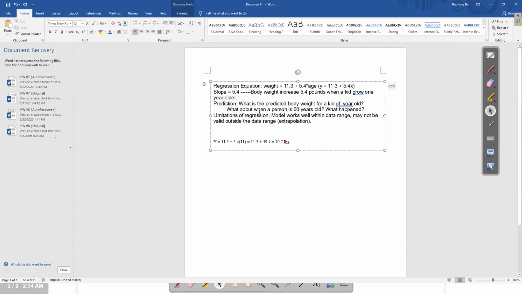Then can we use the same equation to predict for a person who's 60 years old? We get another age, right? 60 years. And then what will be the body weight of that person, right? So suppose we just calculate it without thinking much. So 60 is still X, right?